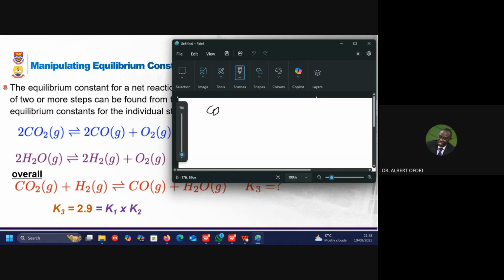So I have this CO2. I'll enlarge it. I'm just writing that. And of course, they are all gases, so I just ignore that. Moving to form CO, 2 moles, please. 2 moles of CO plus oxygen.